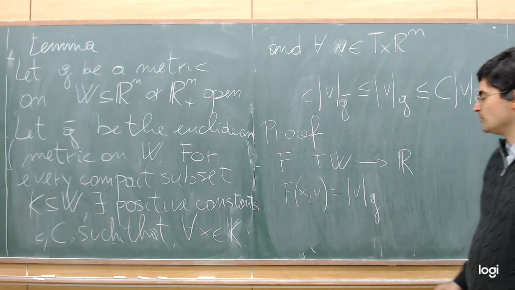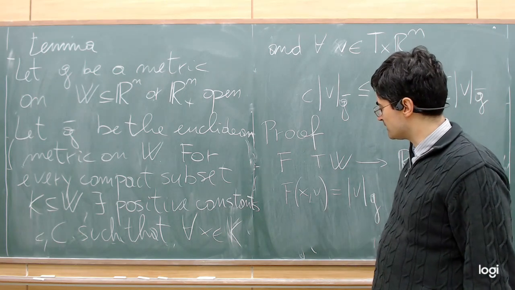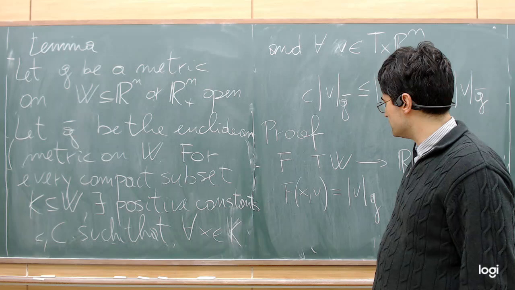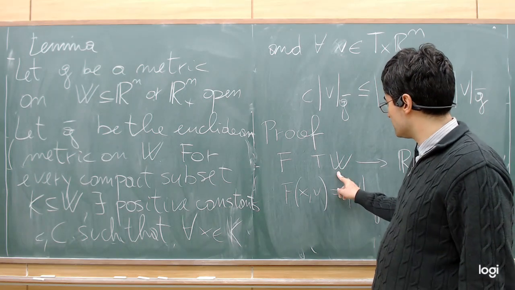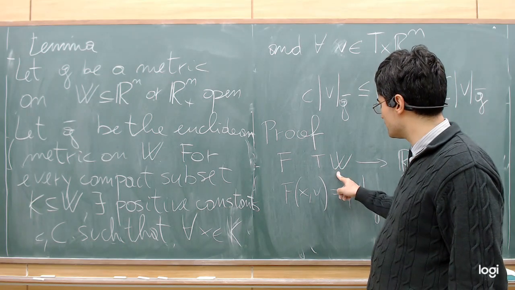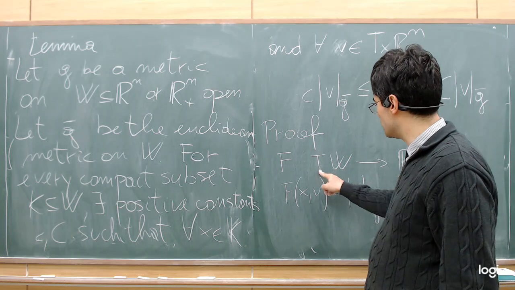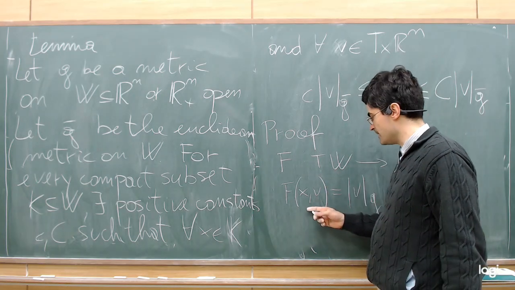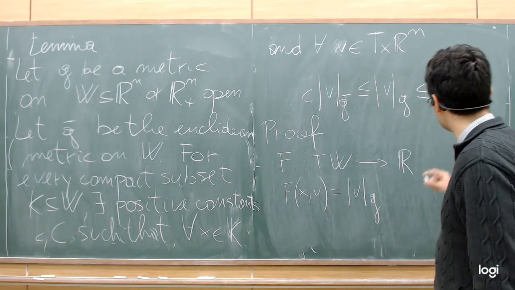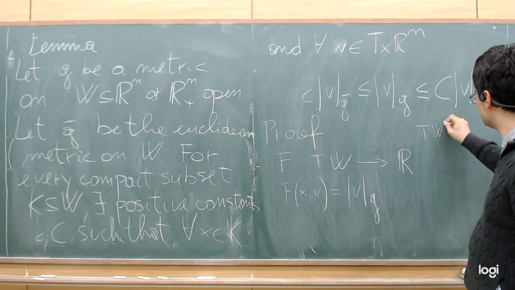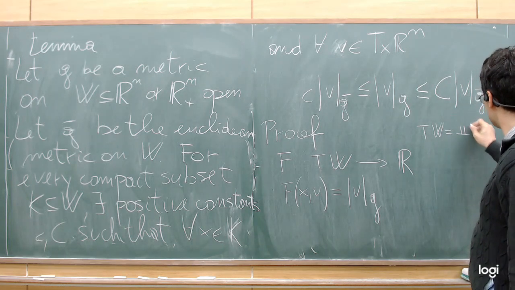The reason why you have x, v here is that any point in TW is a pair (x, v). The reason of this is that TW is this disjoint union.